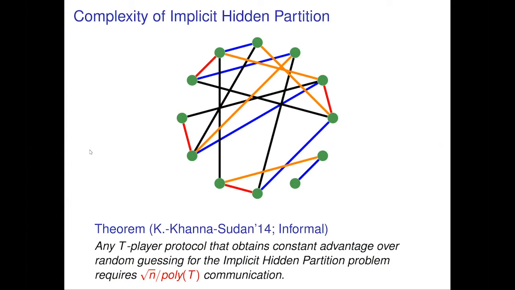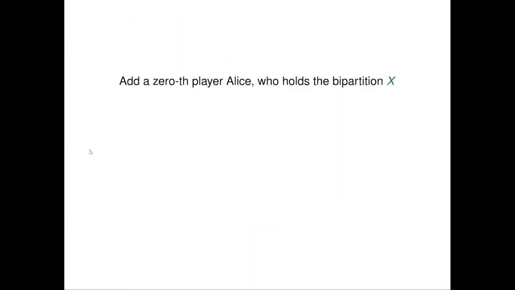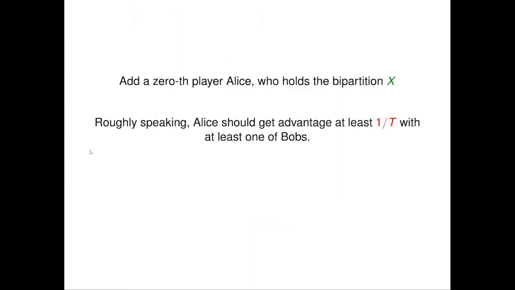First, we showed in a joint work with Sanjeev Khanna and Madhusudan that any T-player protocol that essentially solves implicit hidden partition requires square root n over poly T communication. So the dependence on n here is only square root, but the dependence on T is inverse polynomial. And this proof basically follows from Boolean hidden matching.